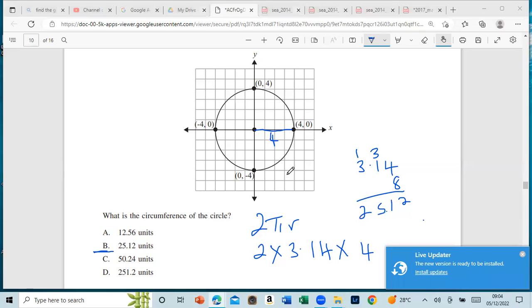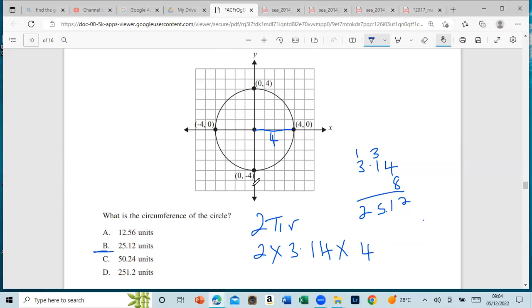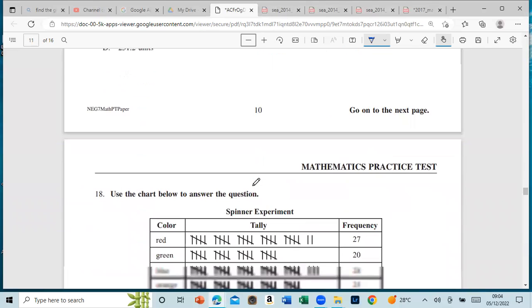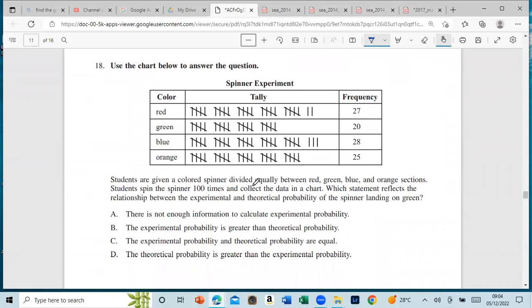Alright, so we're going to move on to the next one, which is what number are we now? 18. Alright, so it says use the chart below to answer the question. Students are given a colored spinner divided equally between red, green, blue and orange sections.